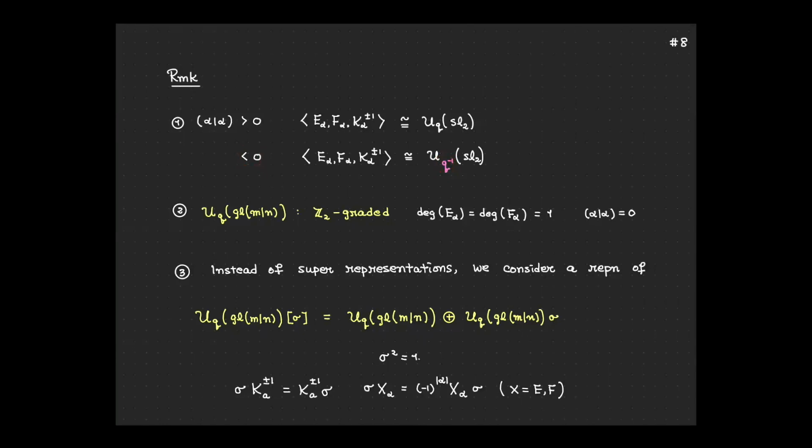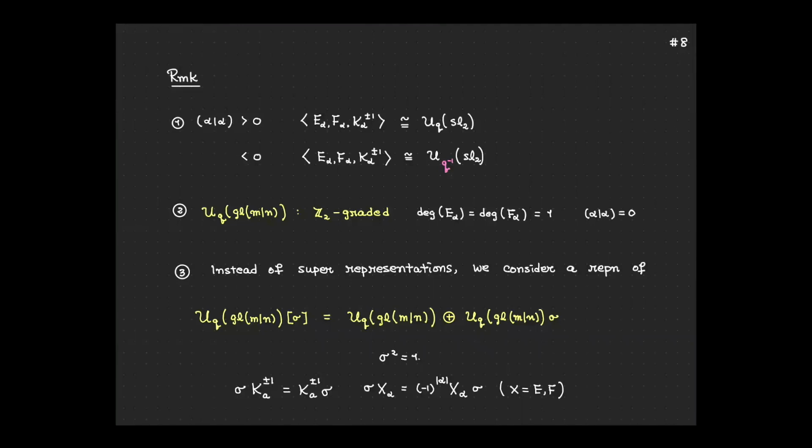This algebra can be viewed as a Z-graded one, where we define the degrees for the generators. For the odd simple roots, the corresponding Chevalley generator has degree 1, and the other generators have degree 0. So it gives us a graded algebra, or sometimes a superalgebra, and we can think of a super representation.